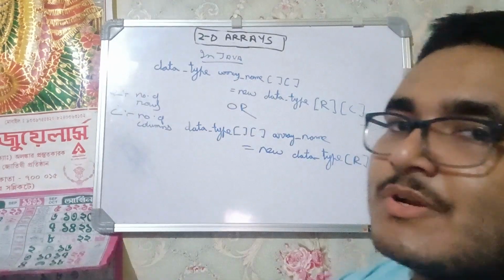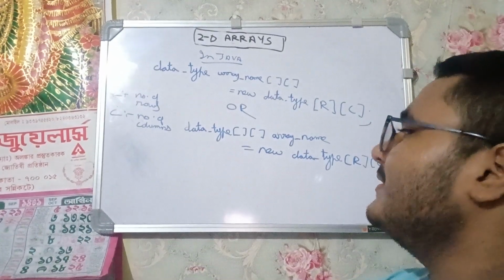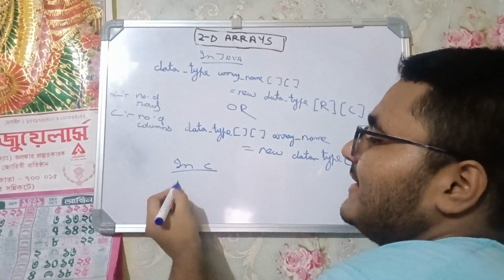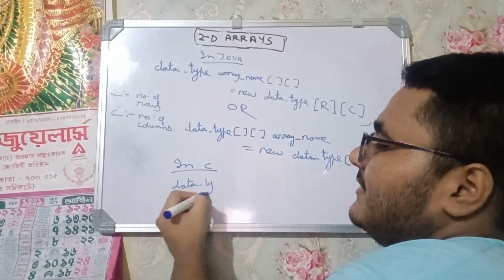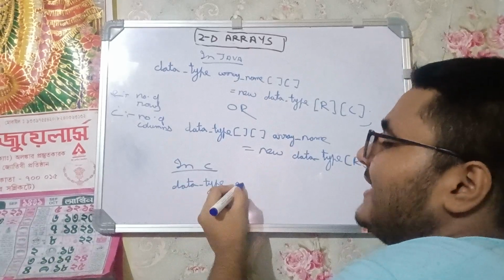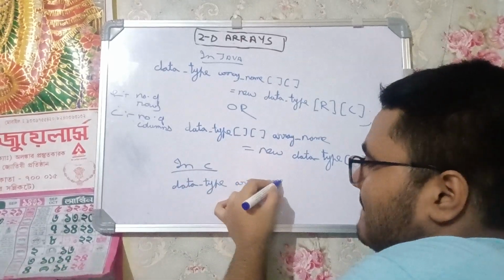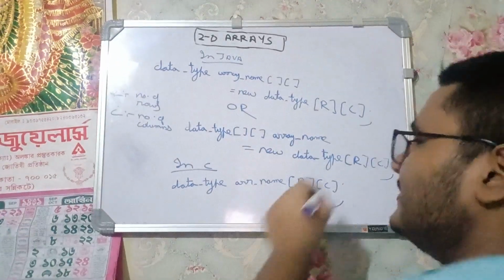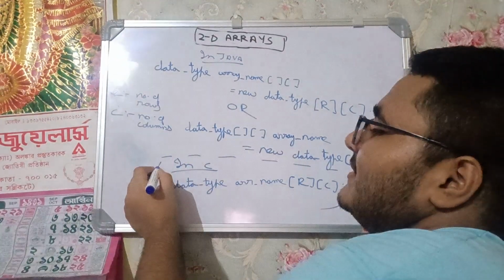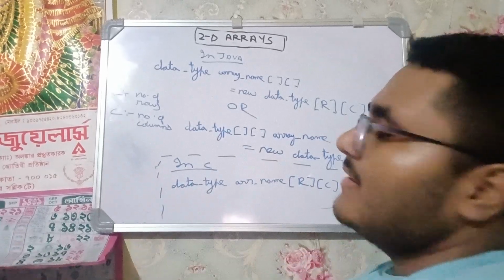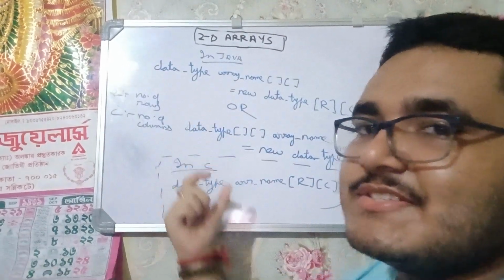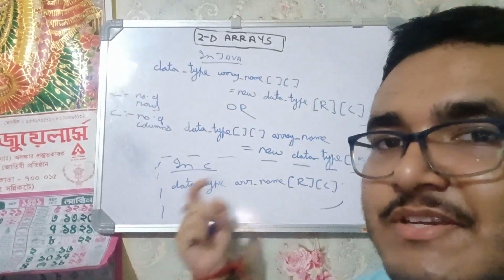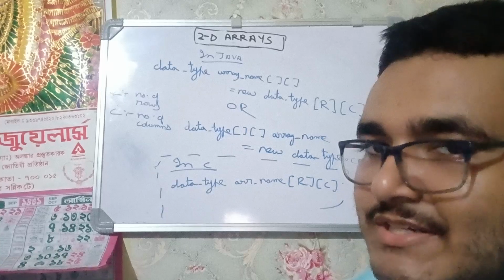And in case of C, it is as simple as data type, array name [R][C]. So let me draw a line here to make a difference. This is the Java syntax, and below we have the C syntax. You can take a screenshot of this or note it down, whatever you wish.